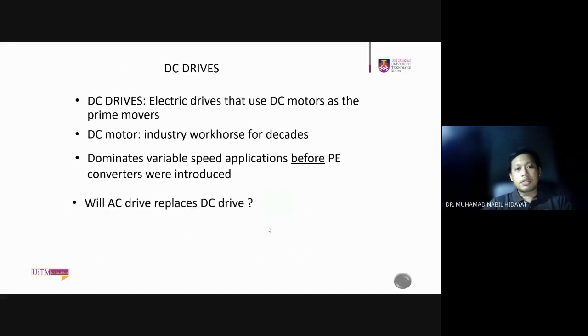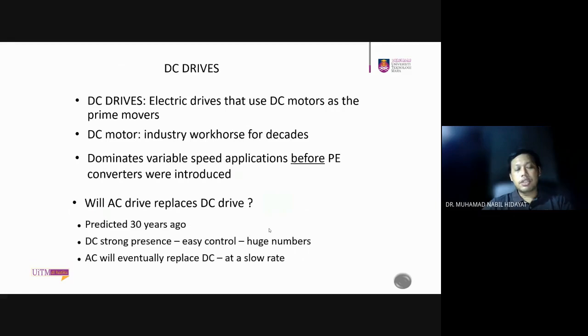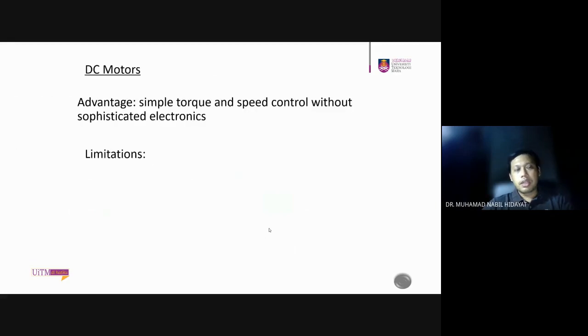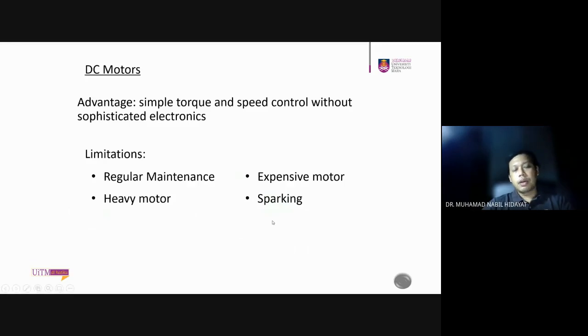AC drive will replace DC in the near future, and more modern factories are opting to use AC drive, though it replaces DC drive at a slow rate. Again, DC motor has the advantage of simple control, but limitations such as needing maintenance, being expensive, very big and heavy, and because of brushes, it introduces sparking in your motor.